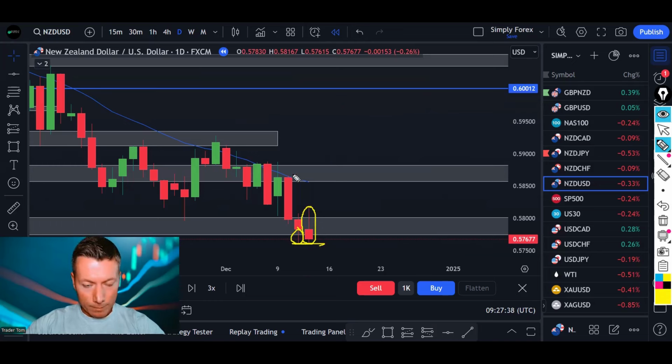So although our analysis suggested we should sell New Zealand dollar US dollar, as I said, you must look at each currency pair on its own merit in terms of price action. And this is telling me no trade. We are still at resistance and haven't broken it. I just wanted to share that first of all.